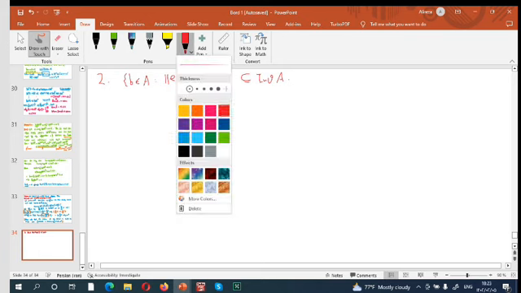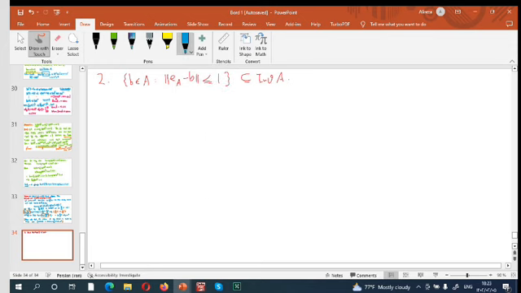Okay, for the proof of this, let we have this property: the norm of EA minus B is less than 1, then this limit is less than 1.